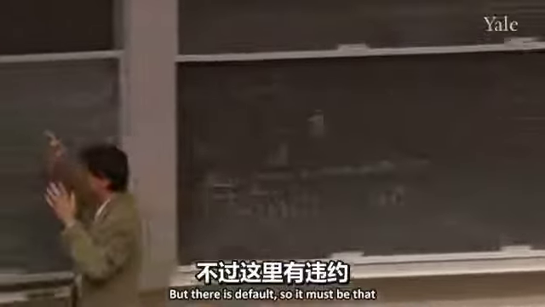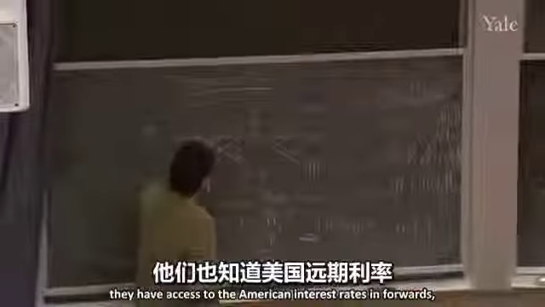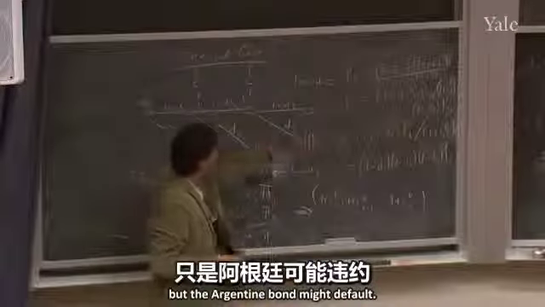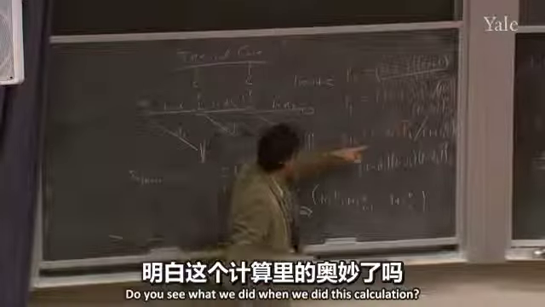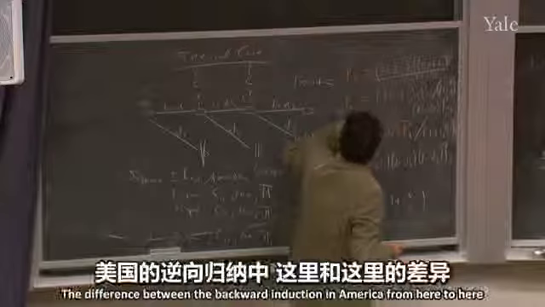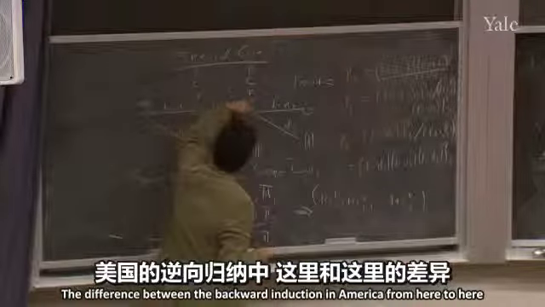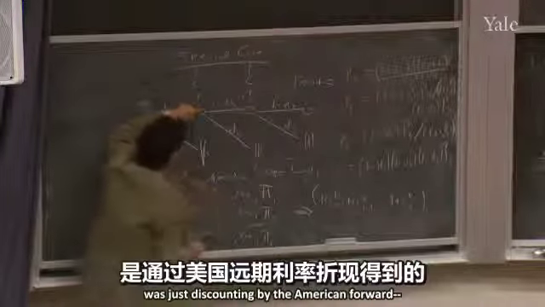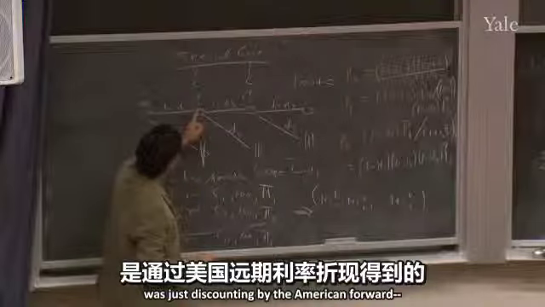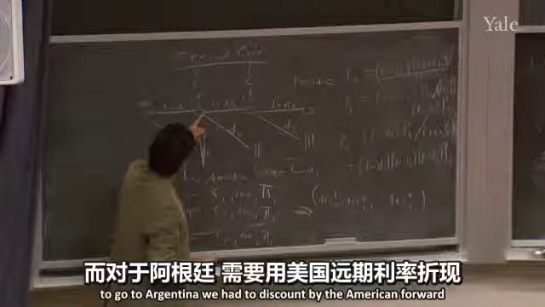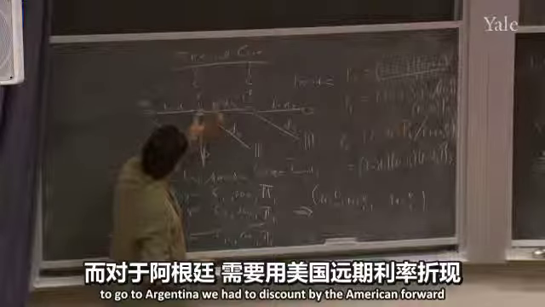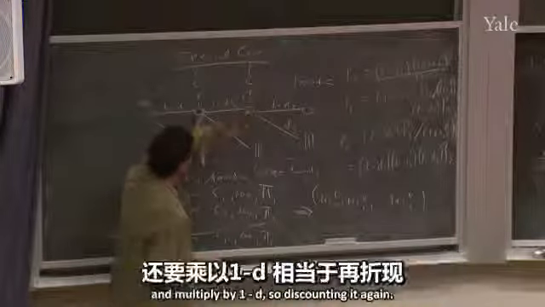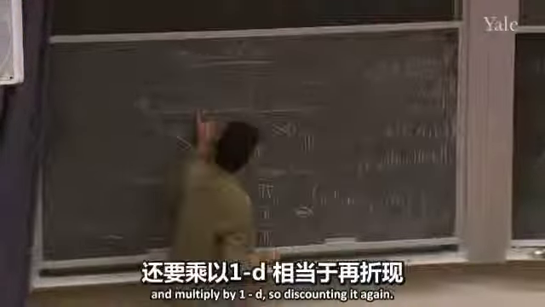So it must be that they have access to the American interest rates and forwards, but the Argentine bond might default. But you see what we did when we did this calculation? The difference between the backward induction in America from here to here was just discounting by the American forward. To go to Argentina, we had to discount by the American forward and multiply by 1 minus d, so discounting it again.